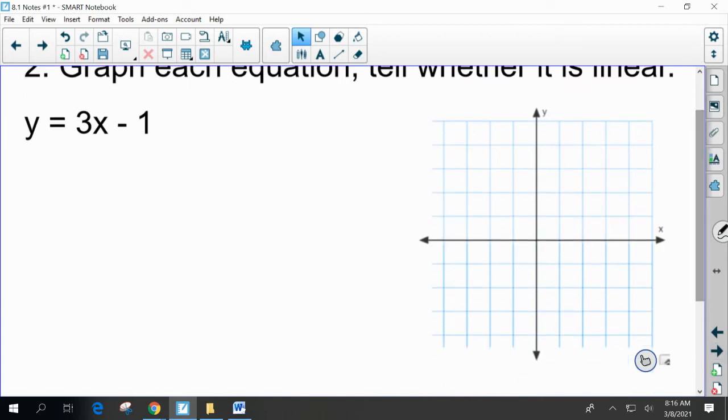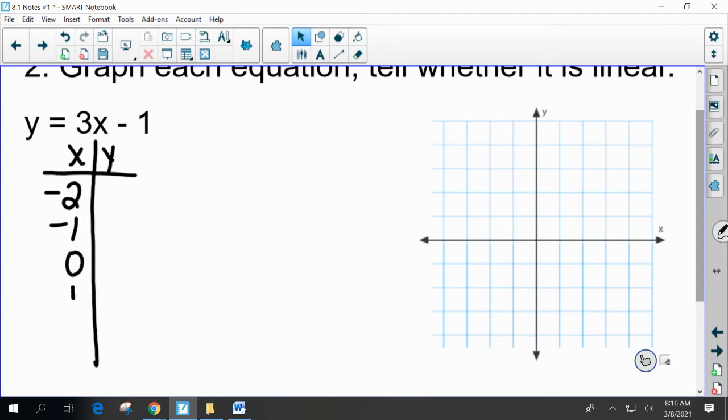Okay, let's look at number 2. So we're going to go through the same process, and we're going to use those same numbers for our XY chart. So -2, -1, 0, 1, 2.